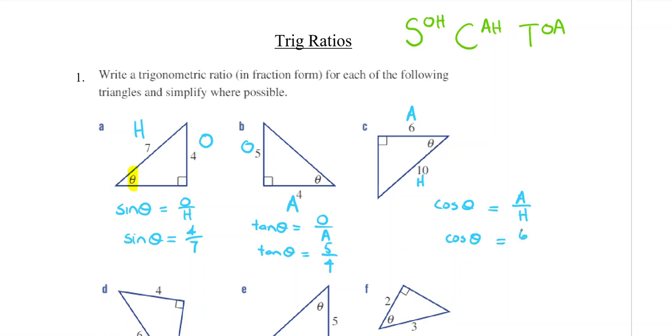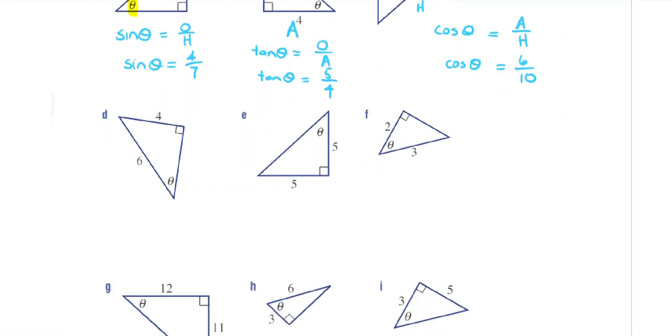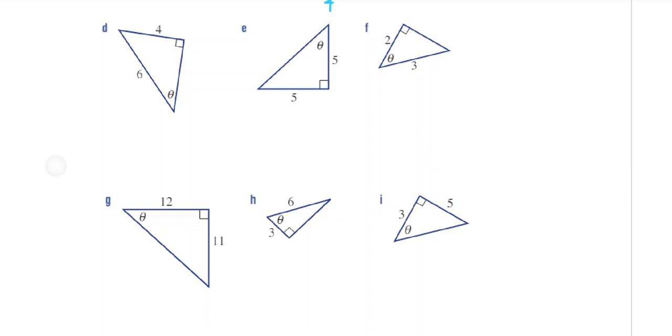A is 6 and H is 10. Okay, you have 6 more of those here to do. All right, so I'm going to stop there for a sec. I want you to have a try, see if you can label those triangles and make that fraction.